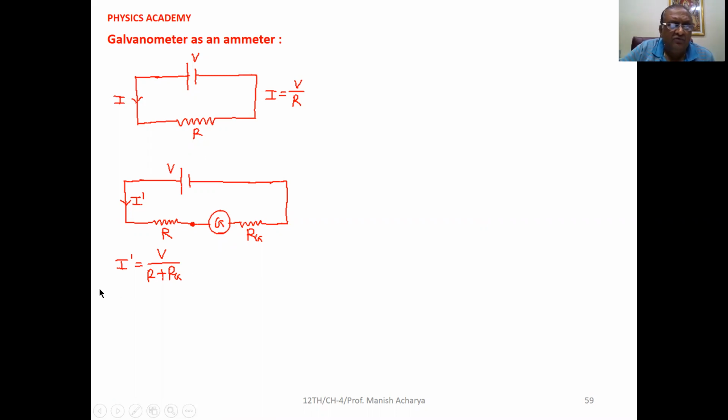Now suppose you want to keep this I dash equal to I. Then from this equation, mathematically you can understand what to do. If you want to make I dash equal to I, simply you have to make Rg equal to 0.